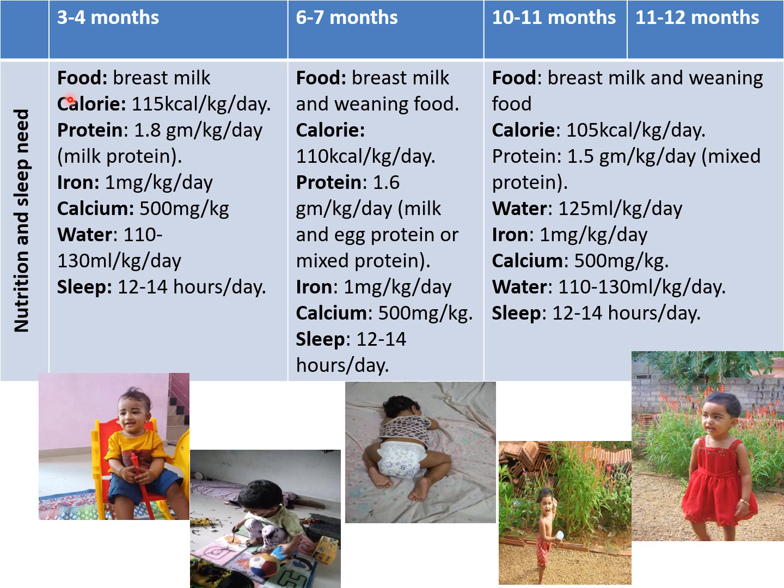Then calorie, protein, iron and calcium requirements are all increasing. The water requirement is 110 to 130 ml per kg per day up to 1 year of age. And the child requires 12 to 14 hours of sleep per day.